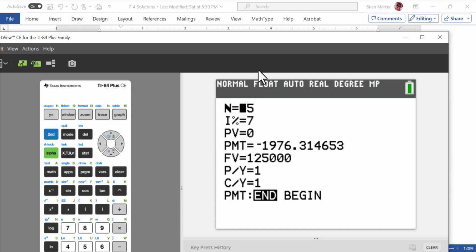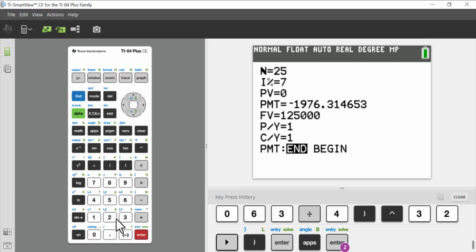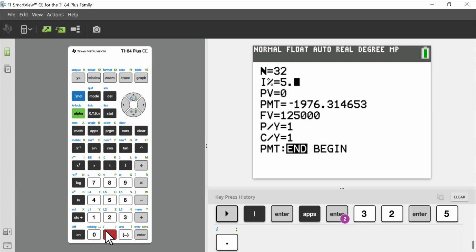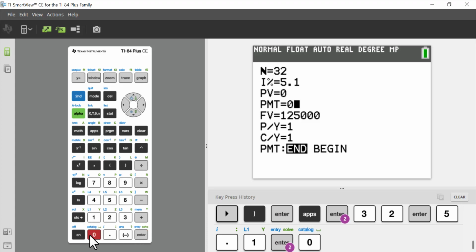So we go here, big N, we said was 32. Press enter. The percent was 5.1. We press enter. Present value is 0. Payment, I'm going to just delete that. You can type 0 for now or just ignore it. Future value is what I don't know.